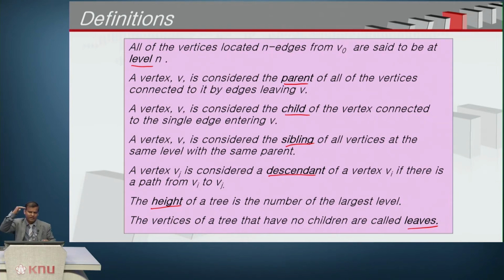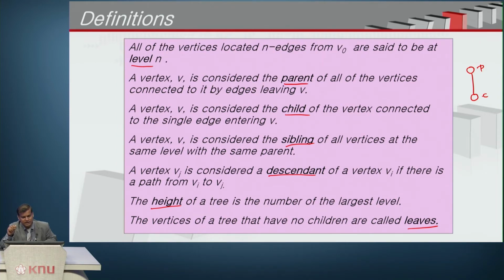As you have the parent vertex, it is connected to the next level, to its children. A vertex V is considered a child if it is connected by a single edge entering. So for the parent, there should be at least one edge leaving, and for the child, there should be at least one edge entering.